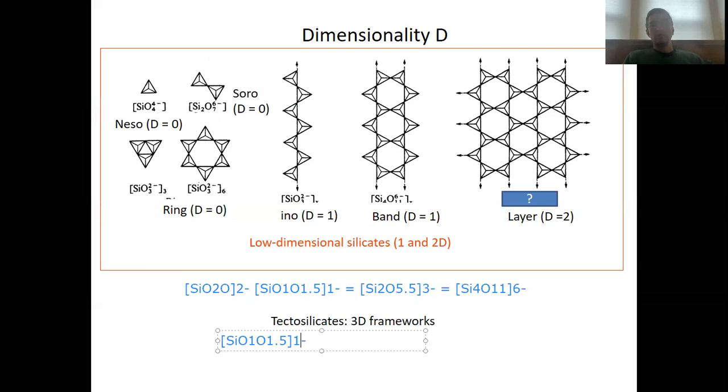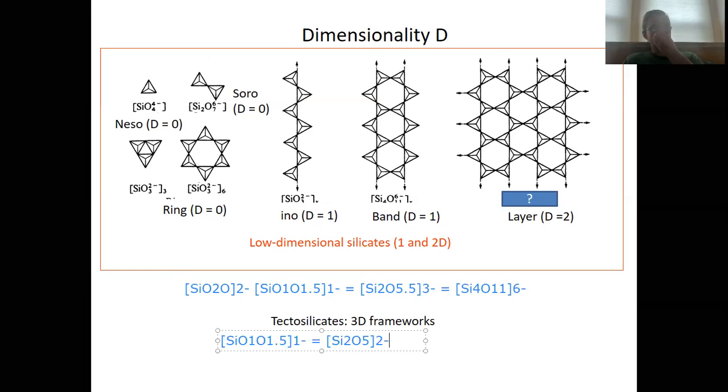So again, we have here a non-integer number, so we just multiply that formula unit by 2. So this is Si2O5, if we multiply this by 2, and then we have 2 minus.